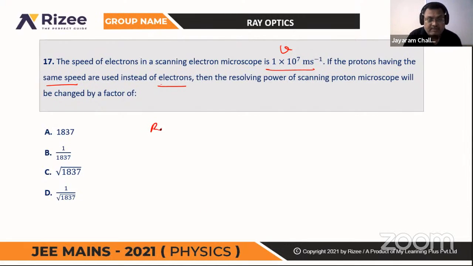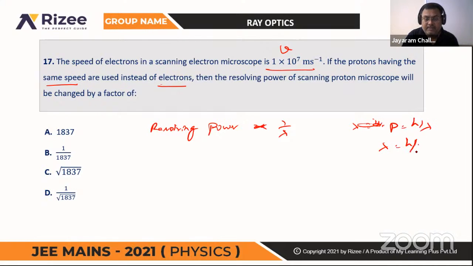So your resolving power is proportional to 1 by lambda. Lambda is equal to h by momentum, since momentum p is equal to h by lambda. This can be written as h by mv, mass into velocity.